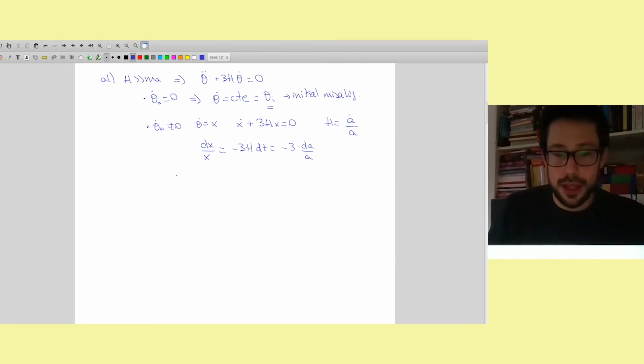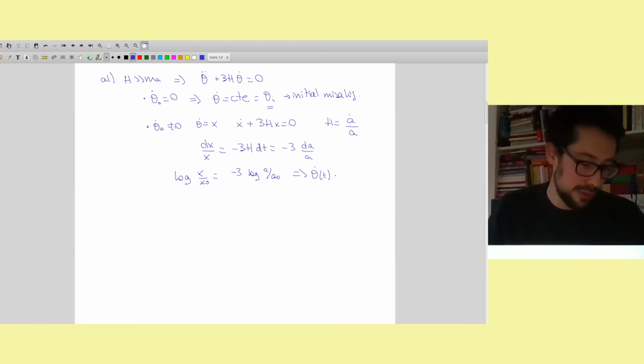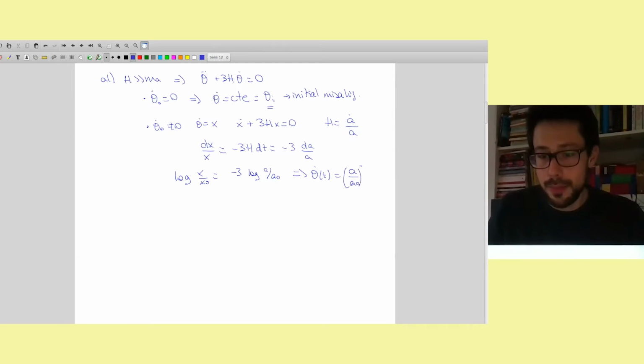So finally, we have two logarithms: the logarithm of x over x0 equals minus 3 times the logarithm of a over a0. This means that theta dot, as a function of time or scale factor, equals (a over a0) to the minus 3 times theta dot sub 0.